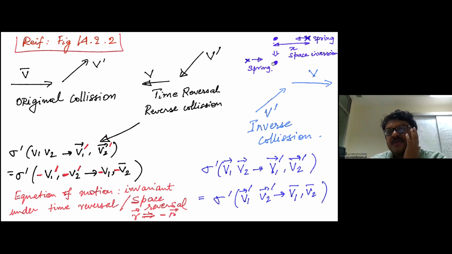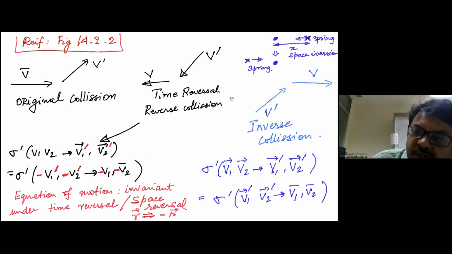So if this was the point we were looking at, this is not the inverse collision, I'm just trying to explain what space inversion means. All r goes to minus r, the direction of force reverses, and now this particle after space inversion starts moving in this direction.